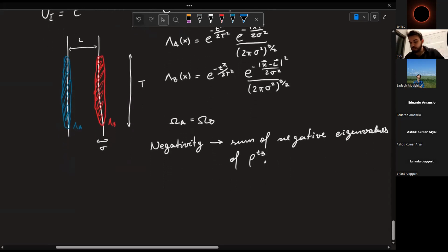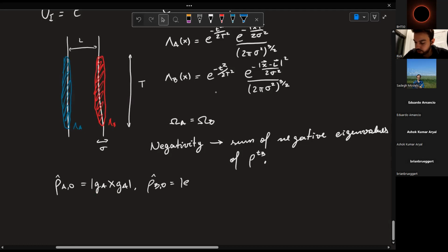And the last thing is the initial states: rho A0, I said this, but I'll write it explicitly, and rho B0 is also the ground state, GB.